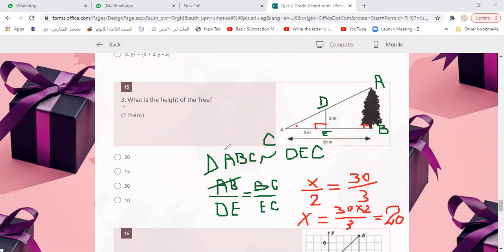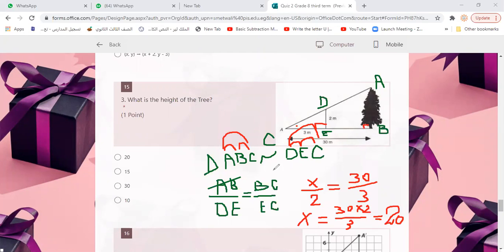Then we can use the similarity statement that AB over DE equals BC over EC, then AC over DC. Now we will substitute.